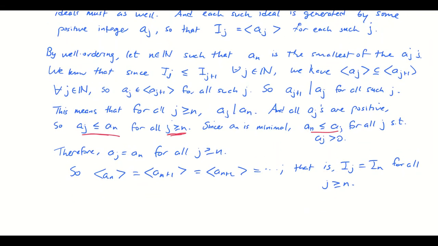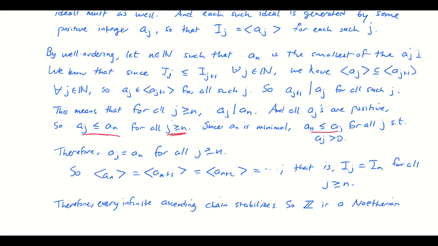Therefore, every infinite ascending chain of ideals stabilizes. And that means Z is a Noetherian domain.